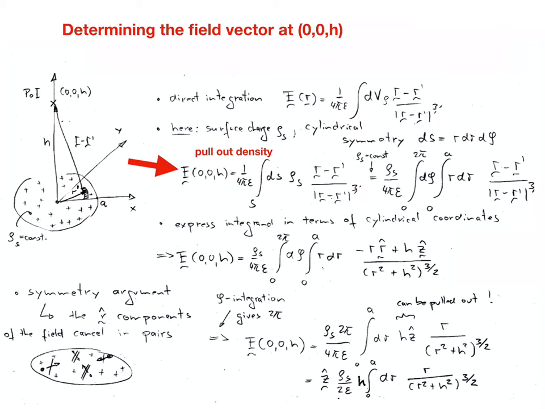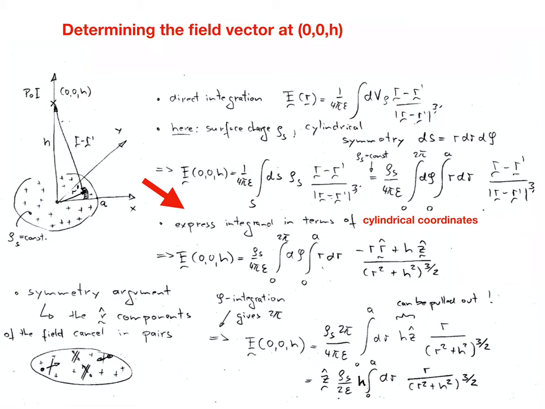The integration has to occur over the variables phi from 0 to 2 pi and the variable r from 0 to the radius of the disk, which is little a. In the next step of the solution, we express the integrand in terms of the cylindrical coordinates.